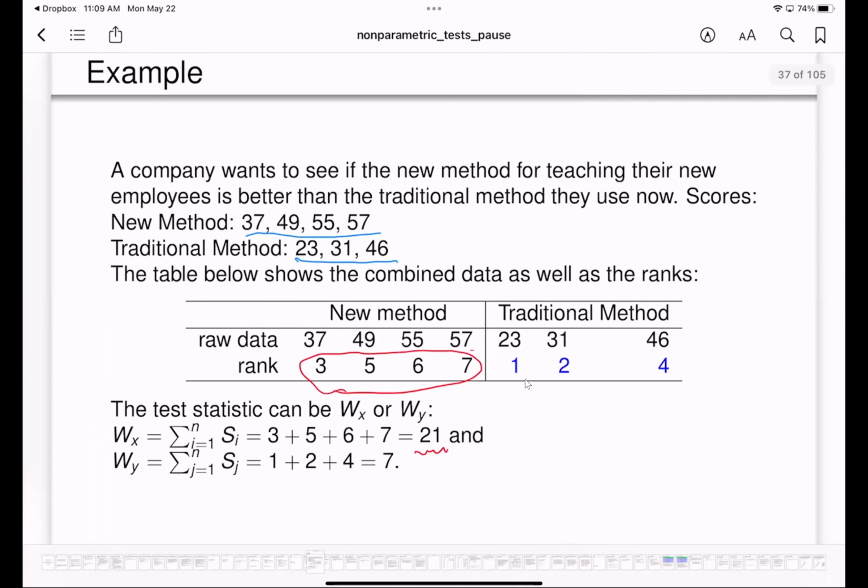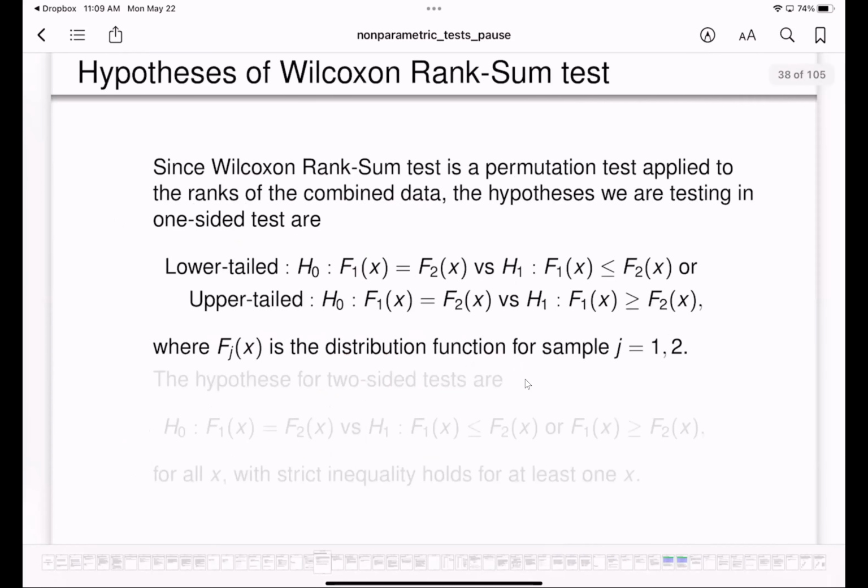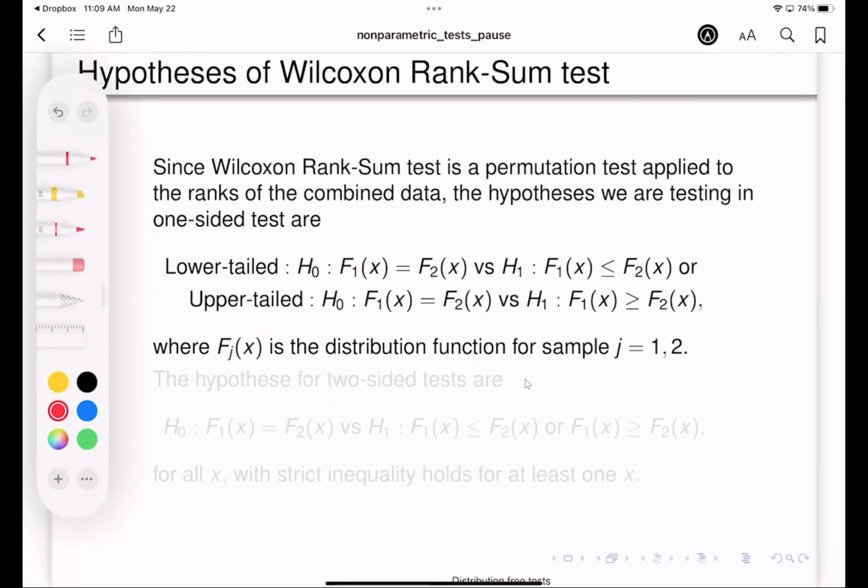In this case, we are actually working with the distribution. So the null hypothesis is to specify that the distributions are identical. Because if you rank the observations together, you really think that these observations can directly be compared to each other.